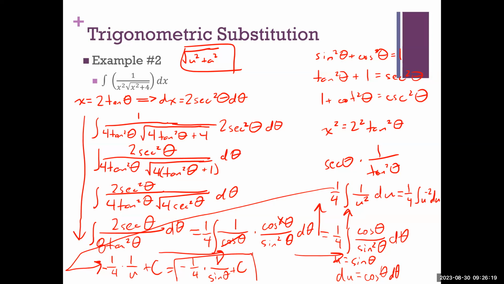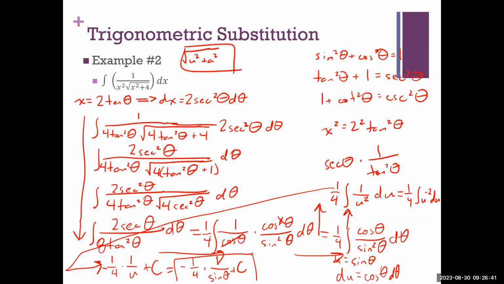Why is it one over u squared instead of cosine over u squared? Because remember, when you choose a u for your substitution, you also have as a consequence what du is.